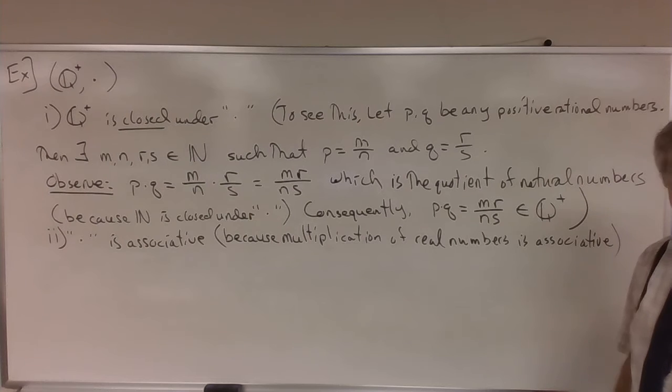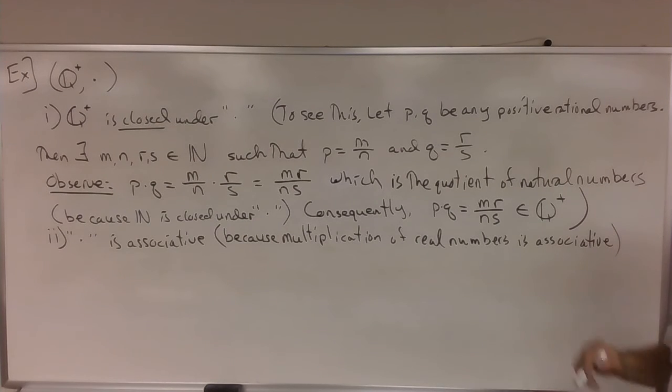Multiplication of all real numbers is associative, so certainly multiplication of positive rational numbers is associative.